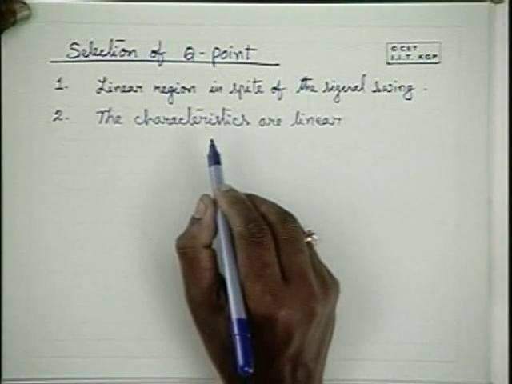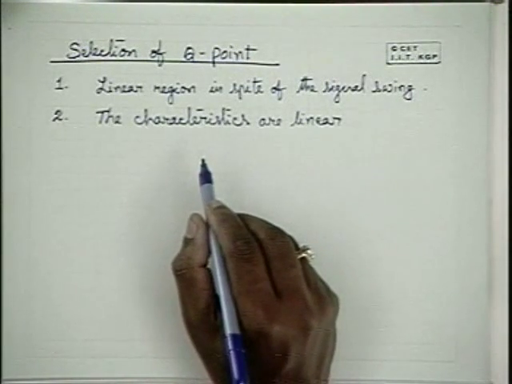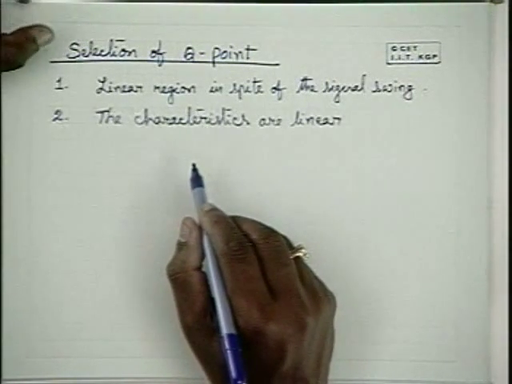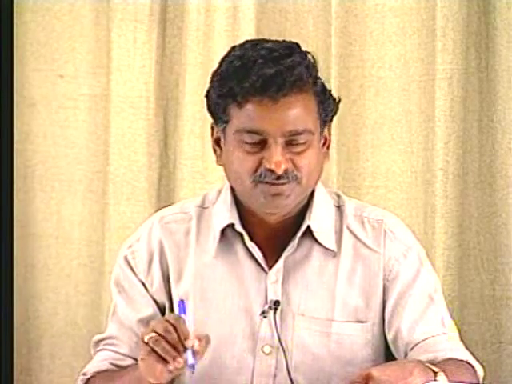If you apply a sine wave, it should remain a sine wave at the output. It should not have distortion as far as possible. So we select an operating point in the linear region as far as possible. These are the two important considerations in selecting the Q point.